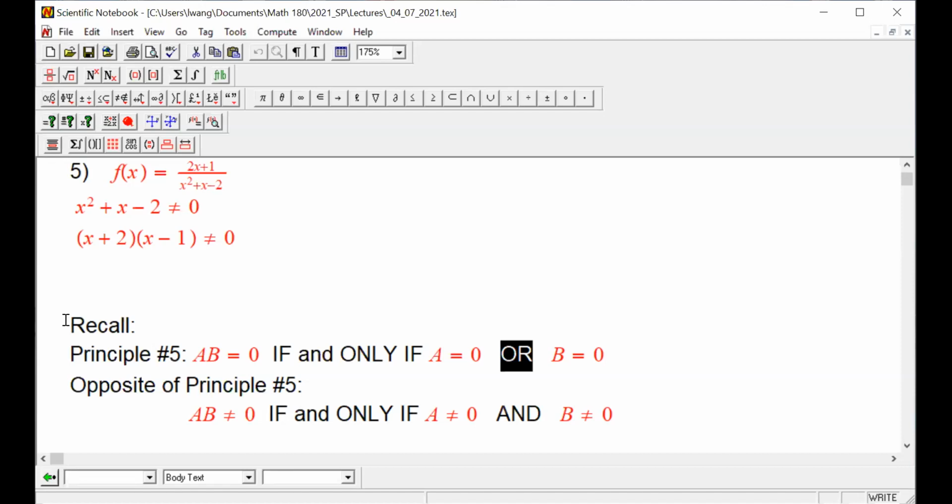You learn a definition or you learn a theorem, and then you're going to have many theorems to learn in calculus class. Then you need to think about what's the opposite of it. What if, right? What if?